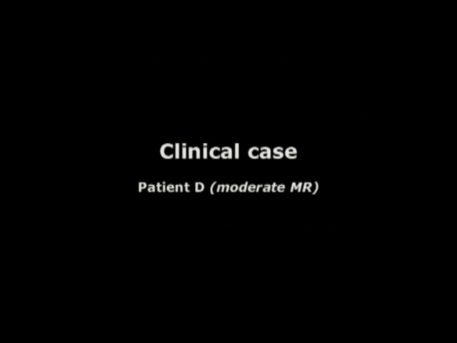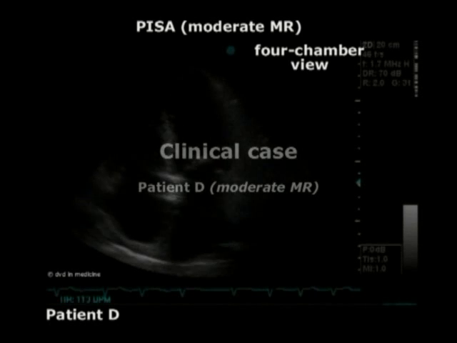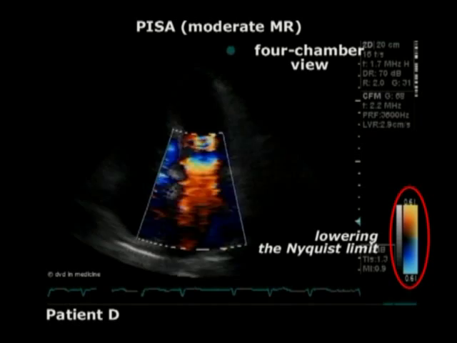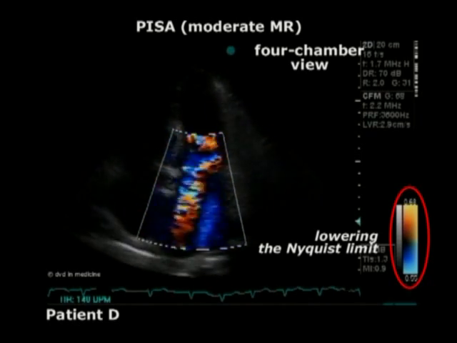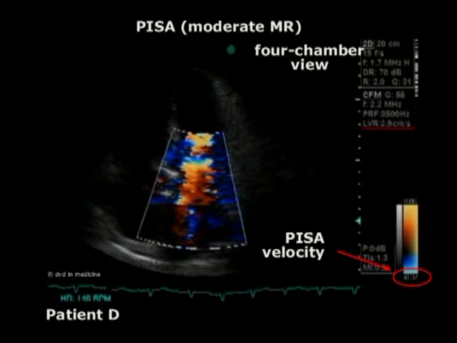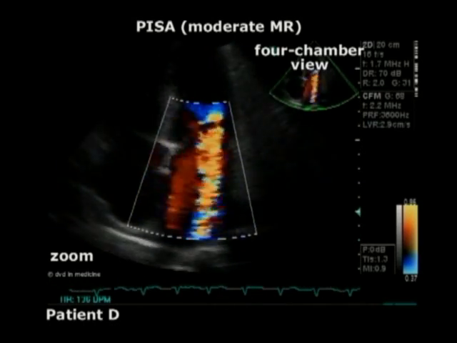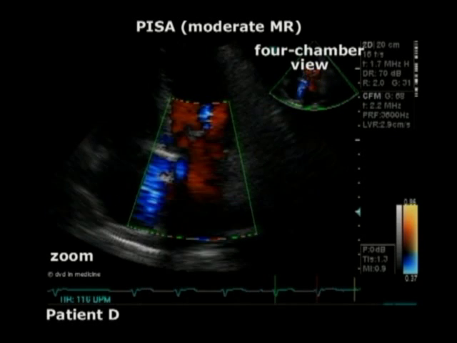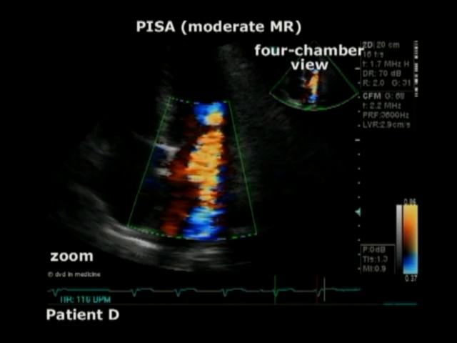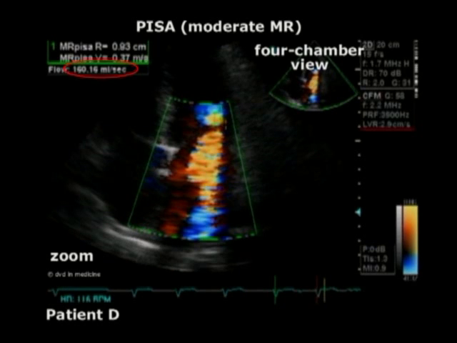Patient D with moderate MR. PISA radius is around 0.8 centimeters and the regurgitant flow rate around 160 milliliters per second.